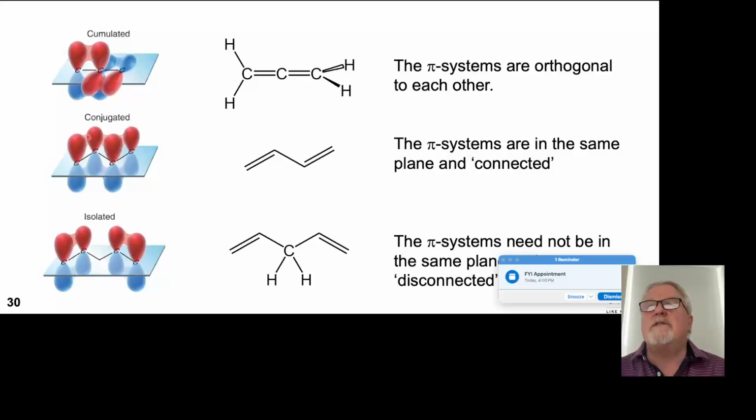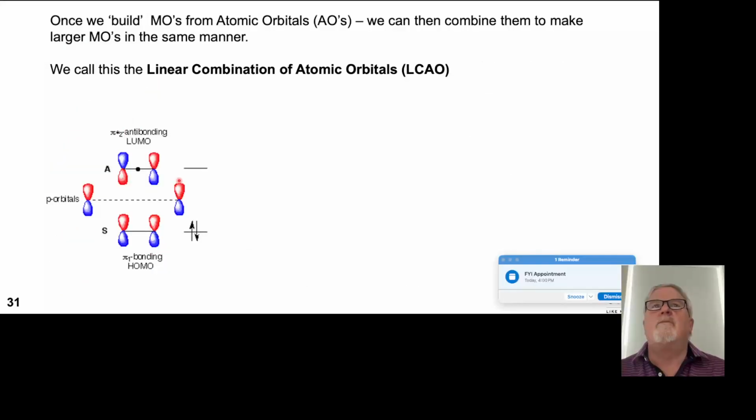And our conjugated system is completely able to communicate because the p orbitals are just one bond apart and they all line up in a planar fashion. Okay, so we're going to talk now about building conjugated molecular orbitals.